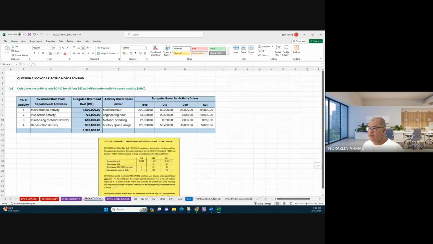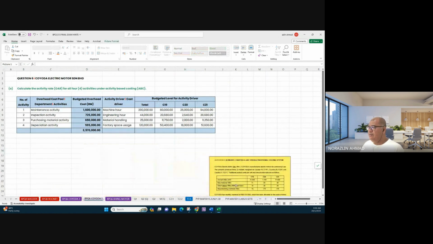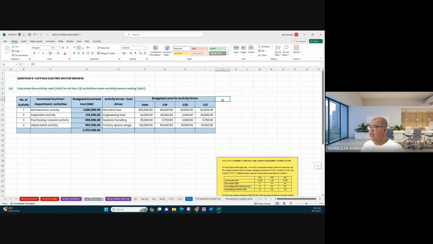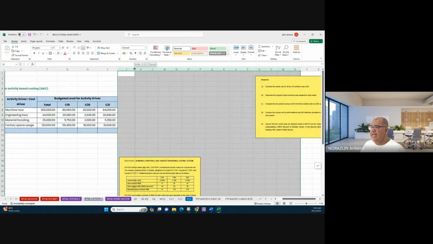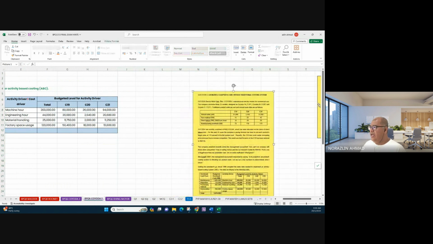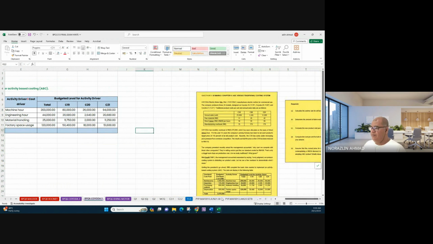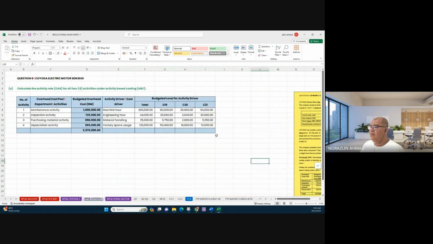Okay, this one I put aside first. We will continue with this one. Then here we need to calculate the OAR for each activity cost driver. Okay, I put OAR or activity rate. Each activity OAR or activity rate.